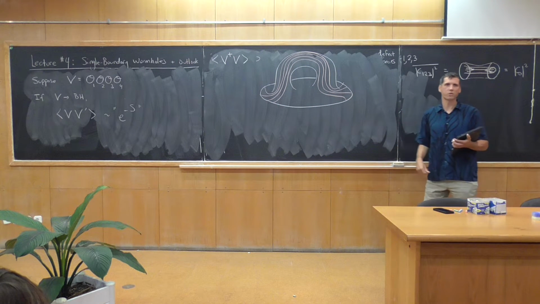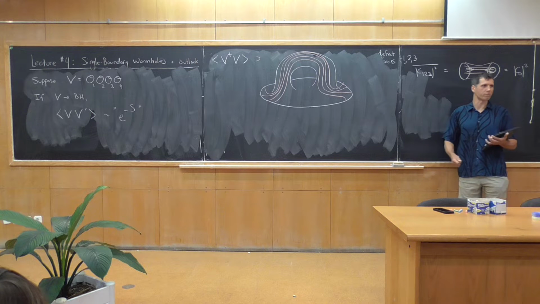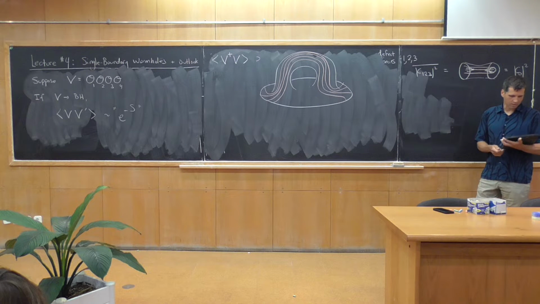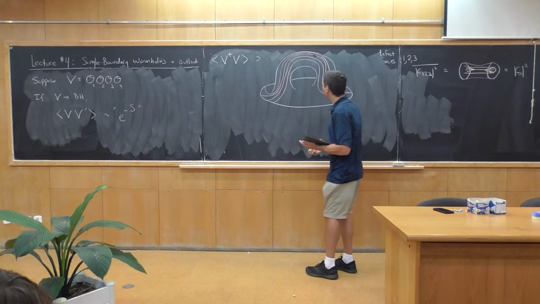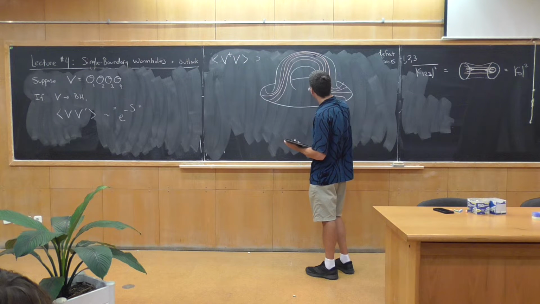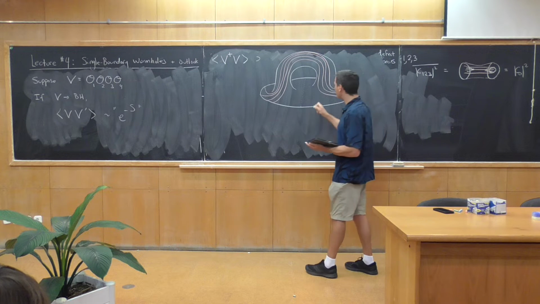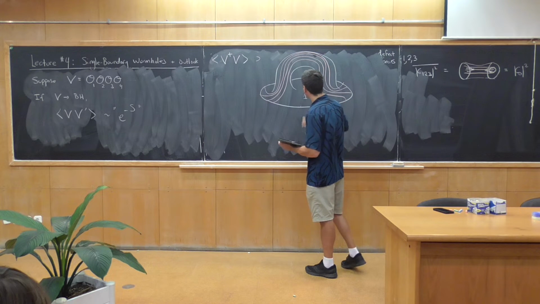This is also an on-shell solution of 3D gravity, and it's similar to the one we were discussing before. The difference, however, is that the intermediate channel here is not some other light operator, but the identity operator.